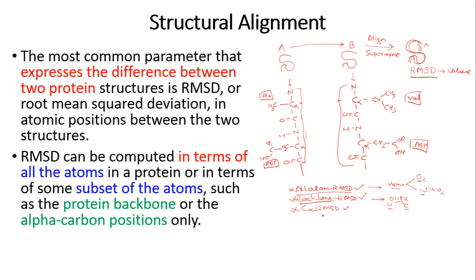Okay, so when to use this C alpha carbon atom RMSD? You would use this C alpha carbon atom RMSD in the case when you know that these proteins might not have very similar structure.